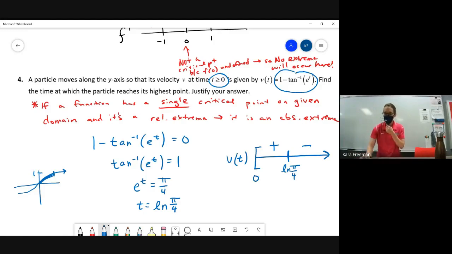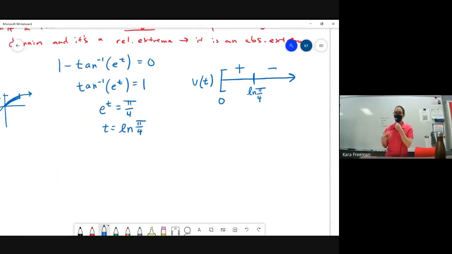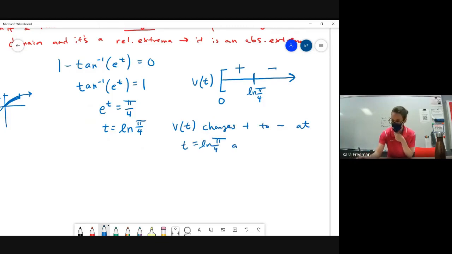So to justify this answer, just looking at the number line, I can say, well, that's a relative max, but how do you justify fully? It's basically what I just wrote in red. Here's how you fully justify. V of t changes from positive to negative at t equals natural log of pi over 4.